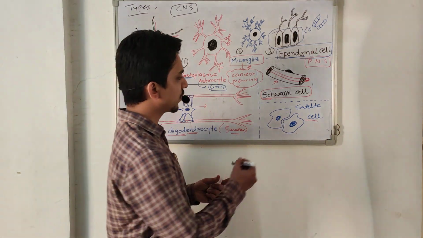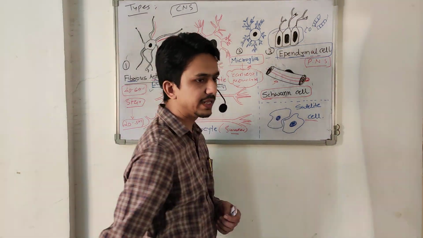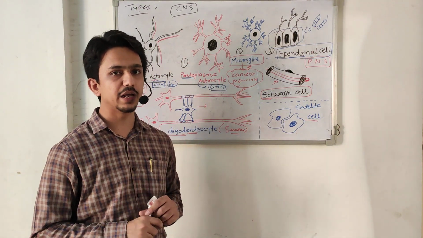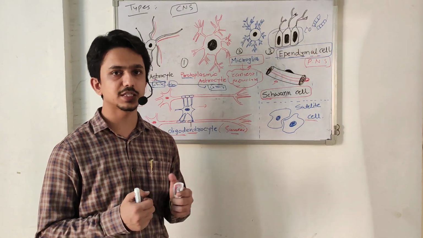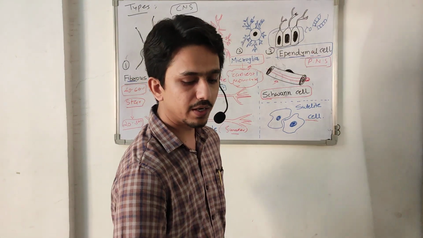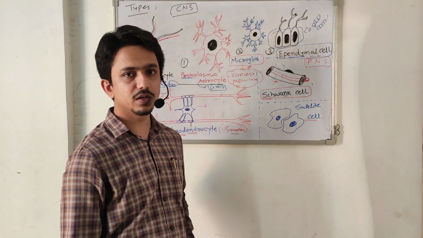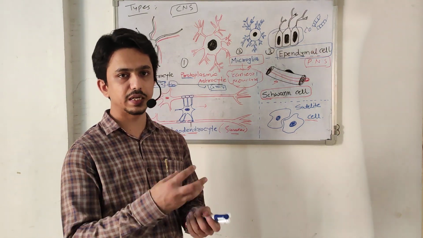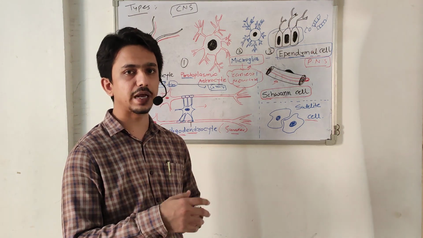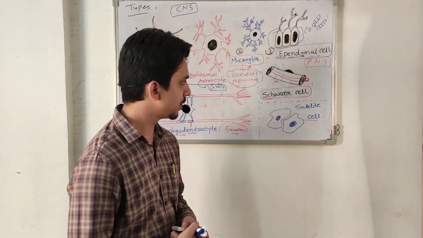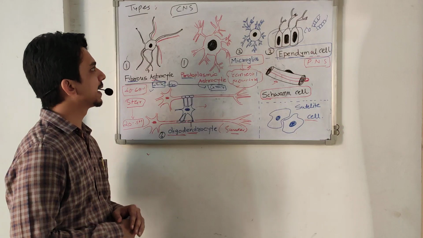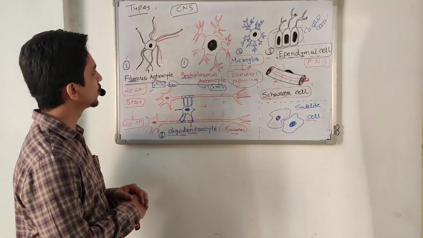They are also flat cells, and they remain in the ganglia of the PNS. They are responsible for giving support and nutrition to the cell bodies of the PNS, which remain in the ganglia of the peripheral nervous system. So this is all about the types of neuroglia cells.